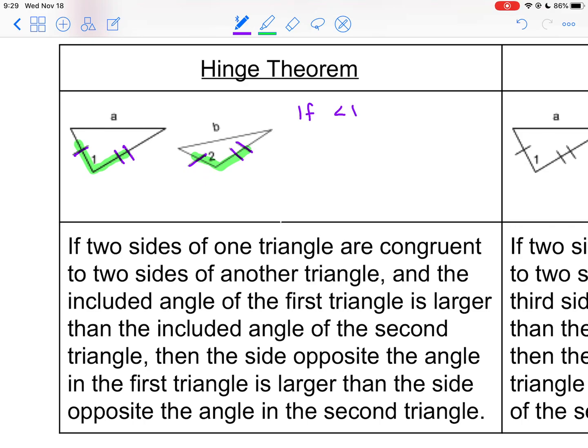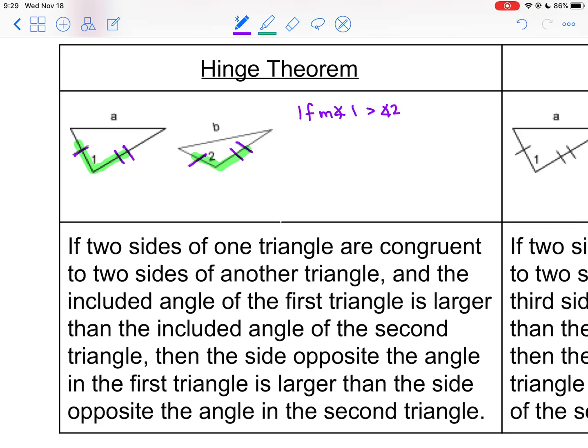So if angle 1, and I'm going to start putting the little slash symbol through it so that I can clarify between the angle symbol and this greater than or less than sign I'm about to use. So if the included angle of the first triangle is larger, so greater than, the included angle of the second triangle, then the side opposite the angle in the first triangle is larger than the side opposite the angle in the second triangle.